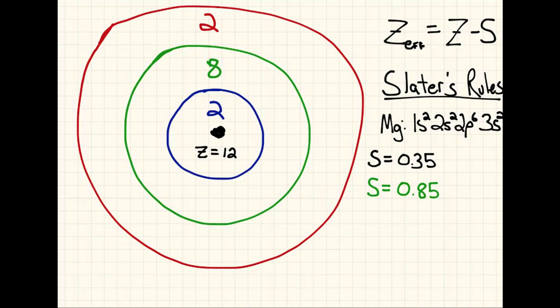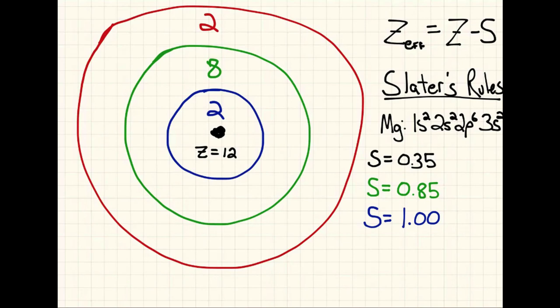And then finally, we've got yet another spatial zone here, this innermost zone. Slater's rules really only defines 3 different zones. Slater's rules defines the zone you're in, one zone closer, and then anything closer than that is going to get the same value. And the shielding value for electrons in those zones is a full 100%.